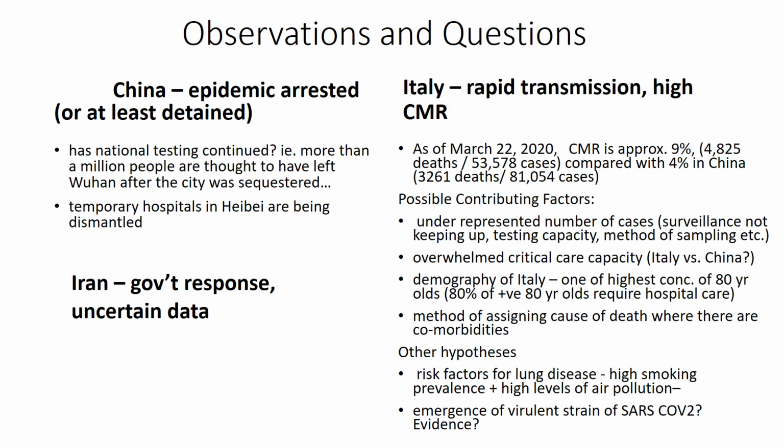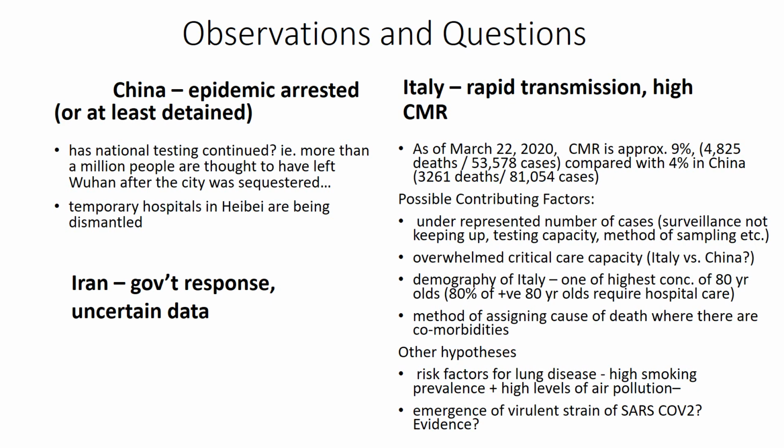And so a few other observations and questions about the epidemiological situation. The first one is about China. The bright light here is that the epidemic seems to be arrested in China. There are very few cases emerging every day now, a handful of cases really, especially given the large population and the challenges of the very complicated distribution of this population among cities and rural areas.